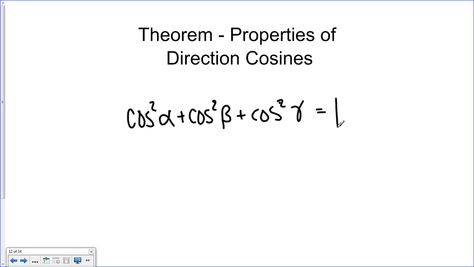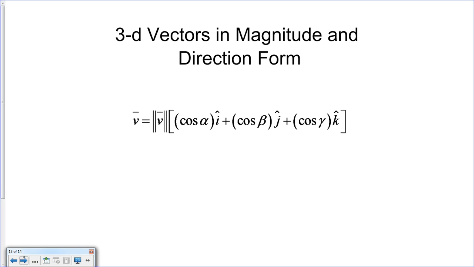Now, looking at our magnitude direction form in three-dimensional space, we see again this cosine alpha, cosine beta, and cosine gamma. And we use those just like we did in two-dimensional space, except notice that they're all cosine. Not cosine for one of them, sine for another one. They are all cosine values now.